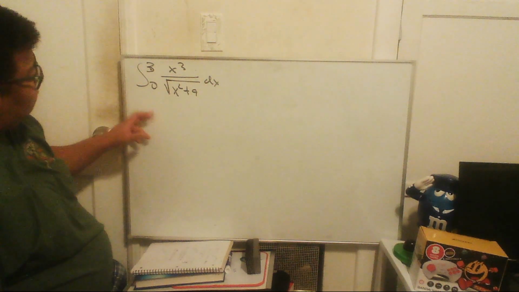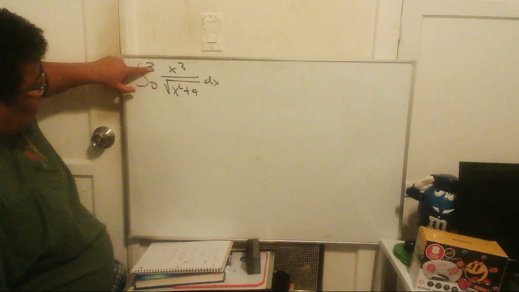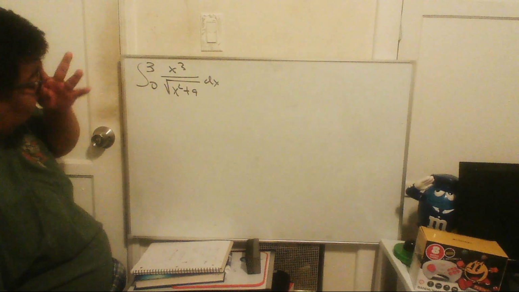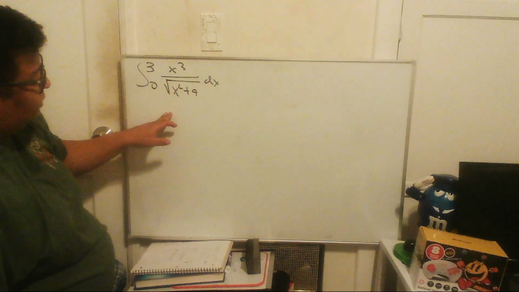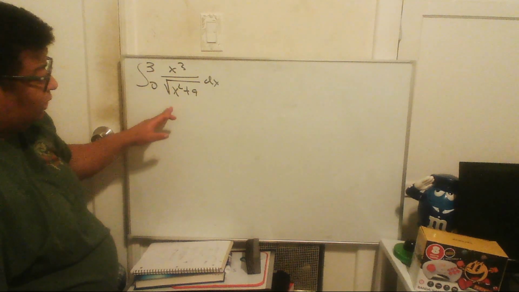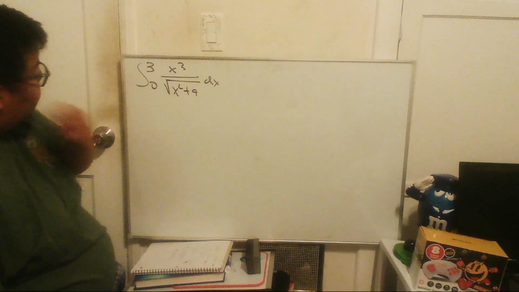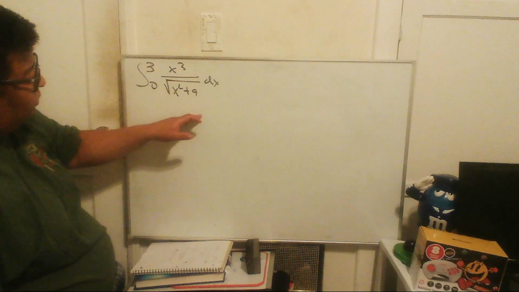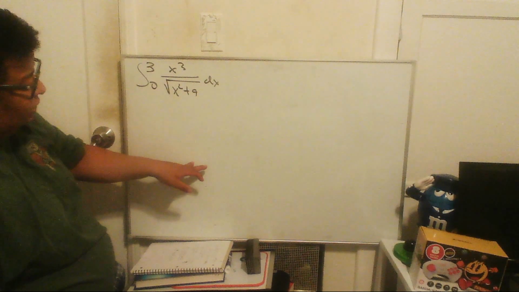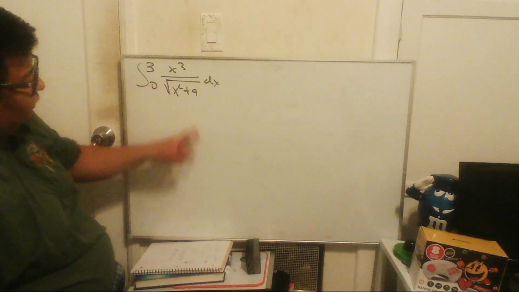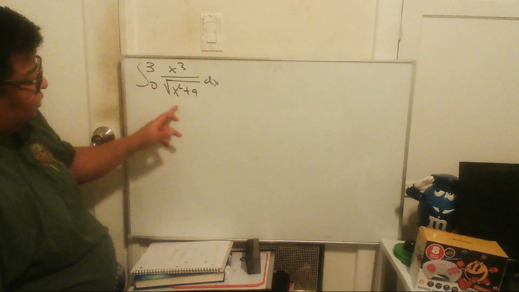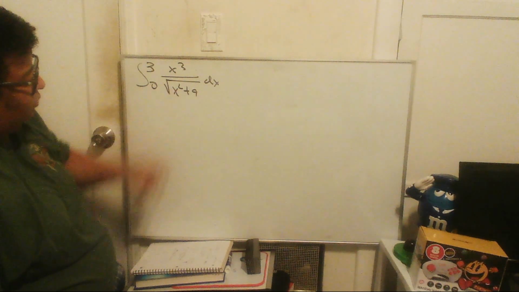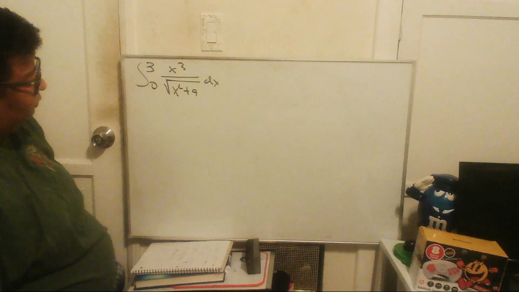Because so far in all the videos that I've given you, I always keep myself in the angle theta, and once I find the antiderivative, I go back and change it back to x's, the original x variable.